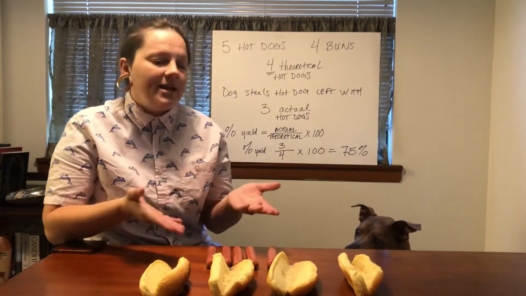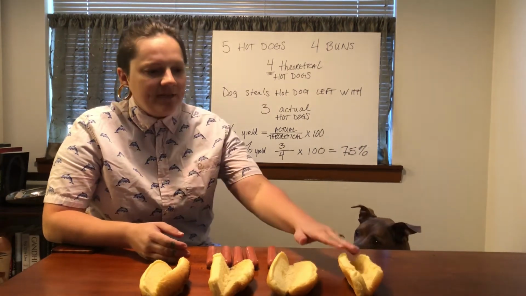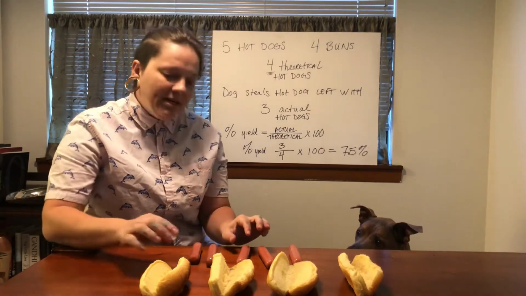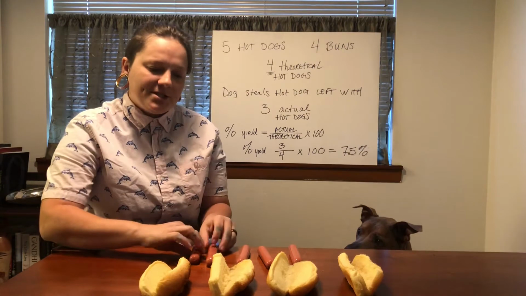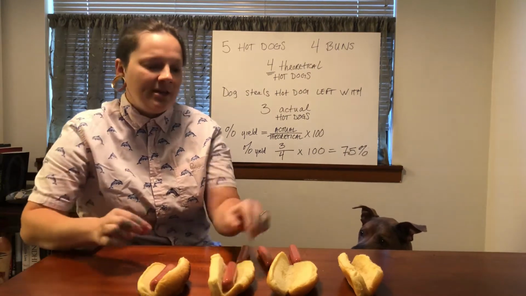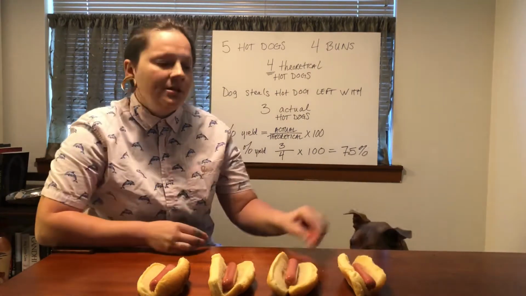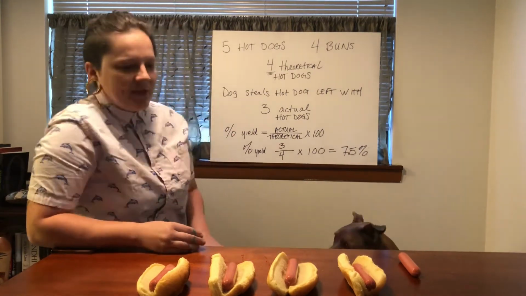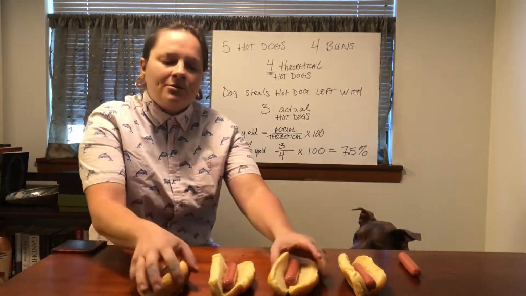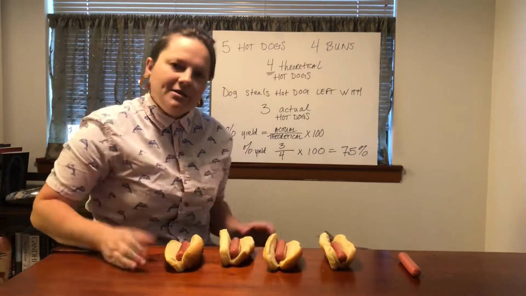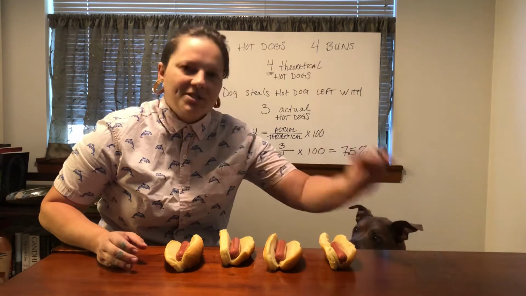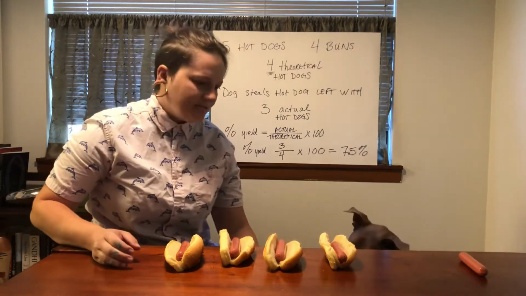So if I take hot dogs as an example, I have 4 buns and 5 hot dogs. My buns are the limiting reagents, as I can only make 4 theoretically complete hot dogs if it's a 1-to-1 ratio. So this is my theoretical yield of hot dogs.